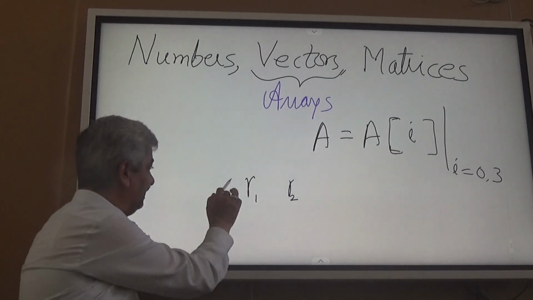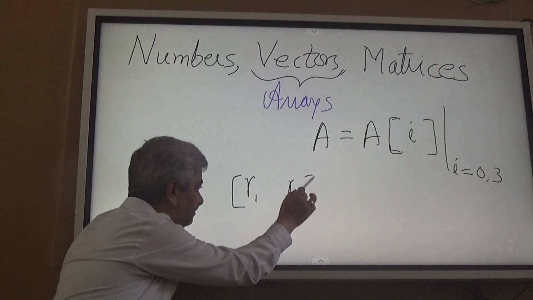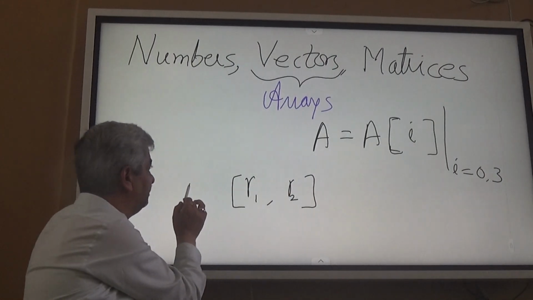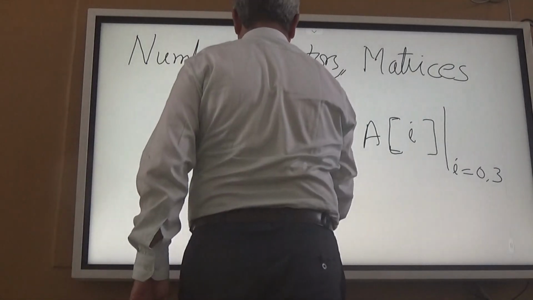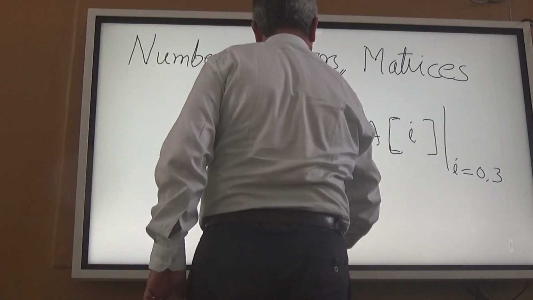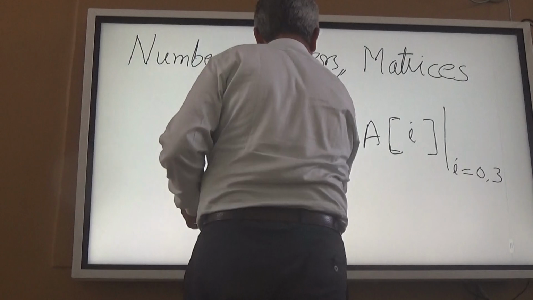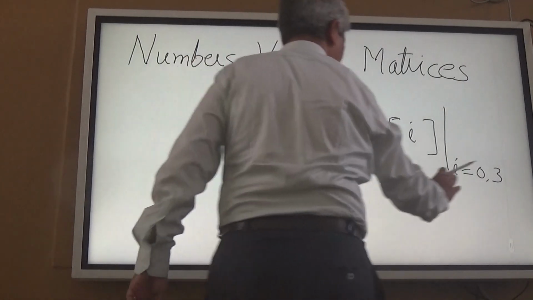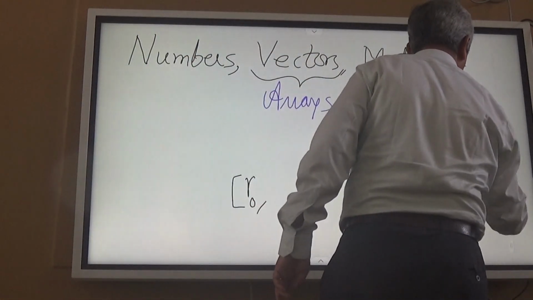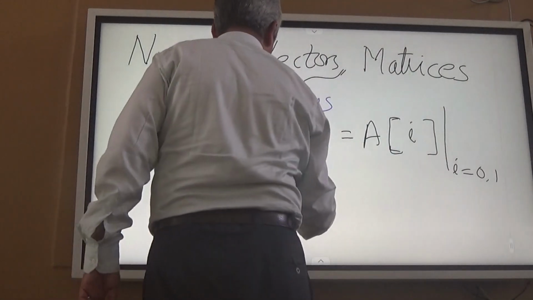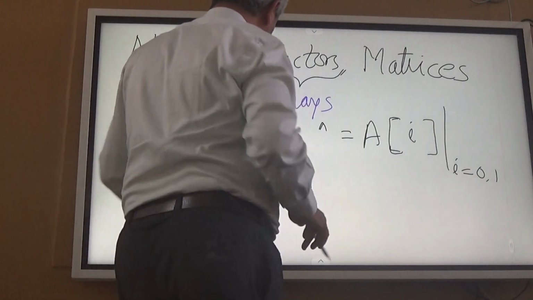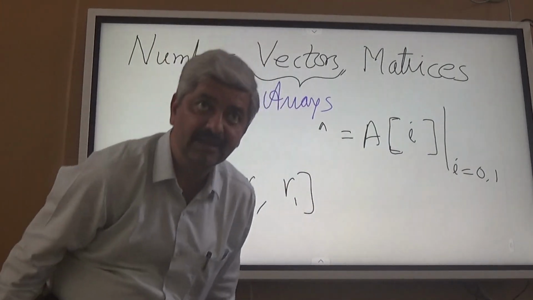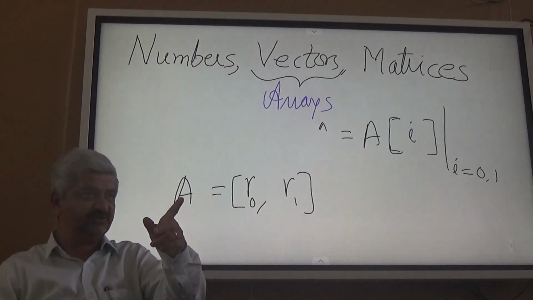A is an array. Or we use only 2, that is 0 and 1. So R0, R1.